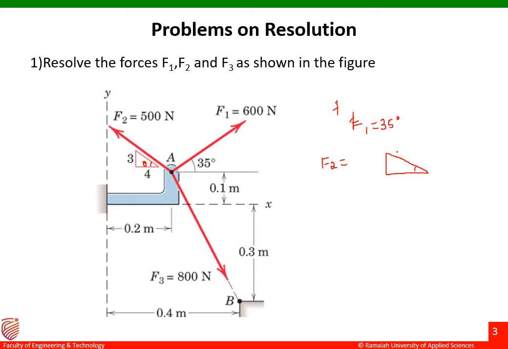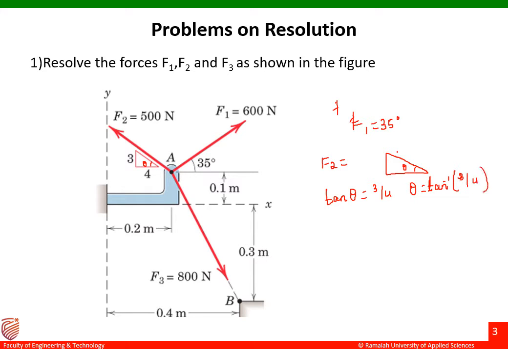Let me take the triangle here. Let me take this one as theta. I'll take this same triangle and find the angle theta here. In order to find theta, let me go for tan theta. Tan theta is equal to opposite upon adjacent, that is 3 by 4.